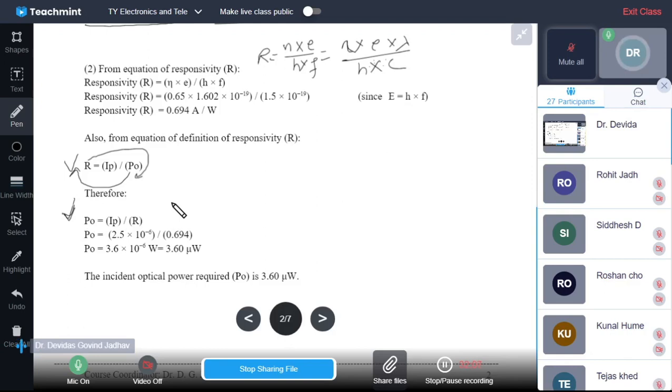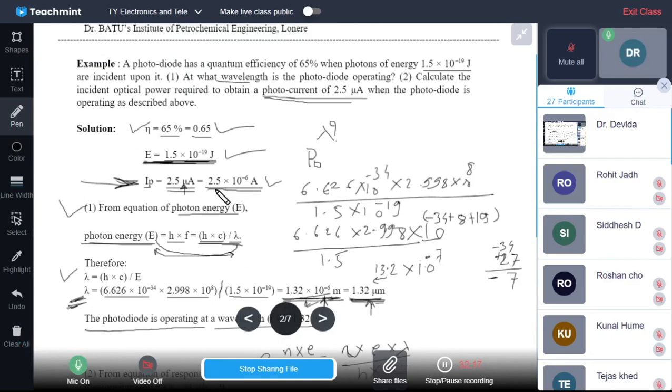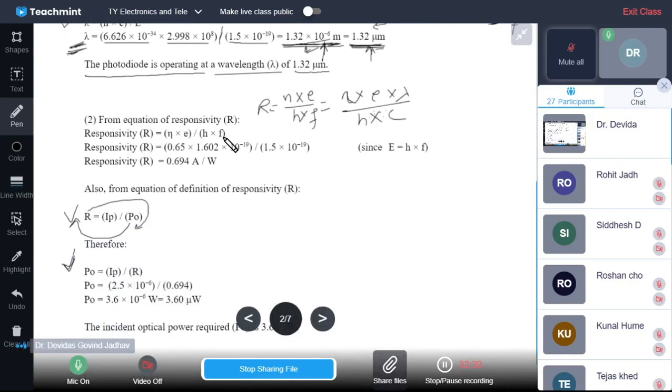Is it possible to calculate R? R is eta E upon HF or eta E lambda upon HC. Eta is given as 65 percent, that is 0.65. E is the electronic charge, known.